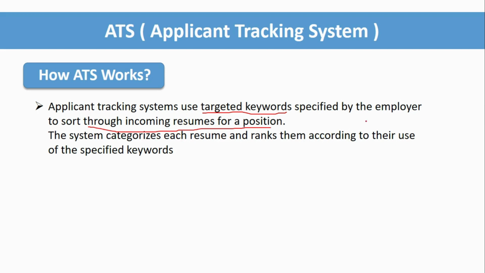To sort the resumes, they use some targeted keywords from the JD, and the system categorizes each resume and ranks them according to their use of specific keywords. So most of what ATS does works on keywords.